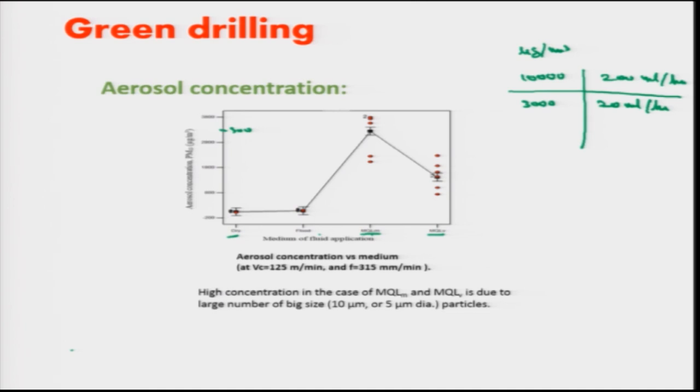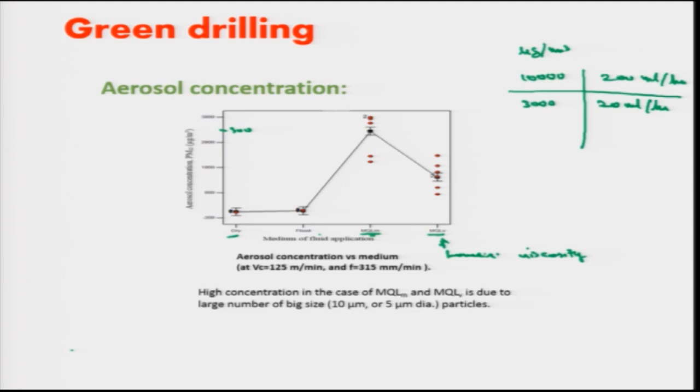The lesser concentration in MQL-V in comparison to MQL-M may be due to the low viscosity of the vegetable oil. So that is why the particle size is lower.